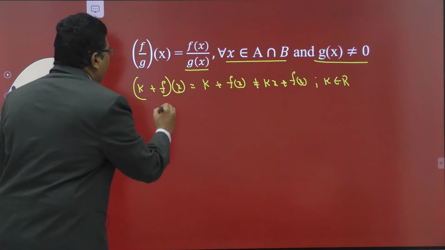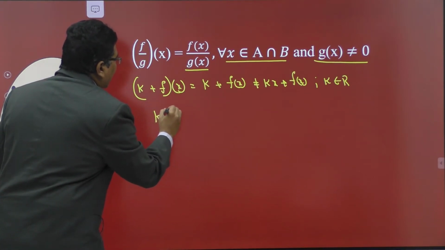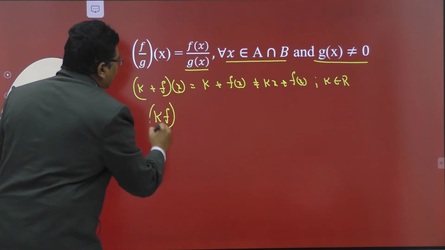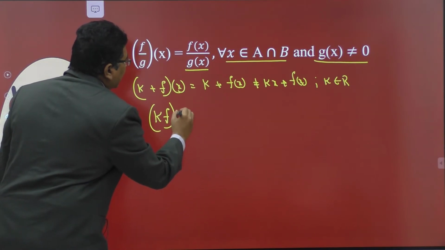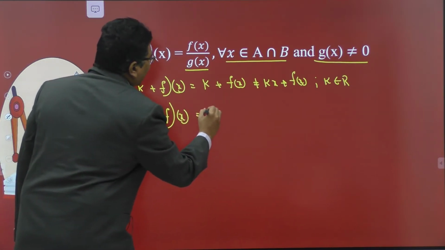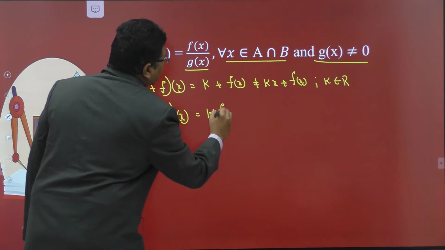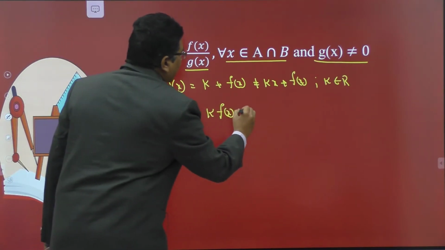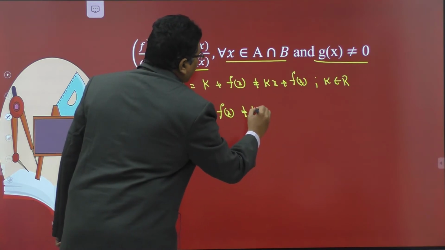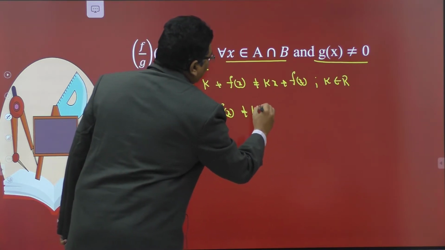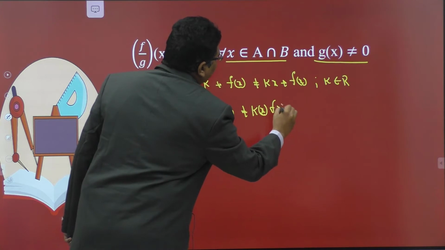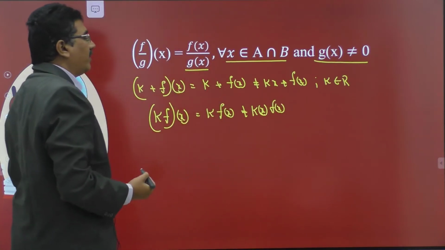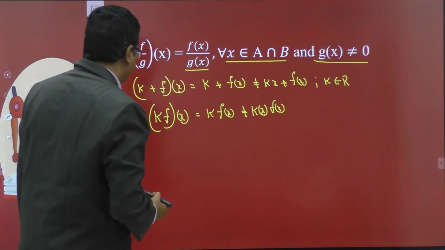Now, kf(x) can be defined as k times f(x). This is not equal to k(x) into f(x).